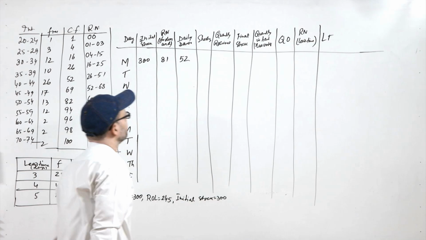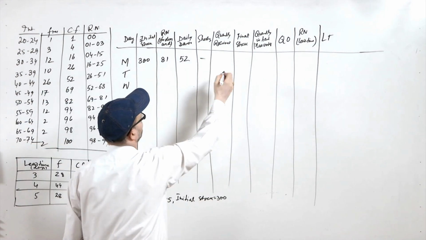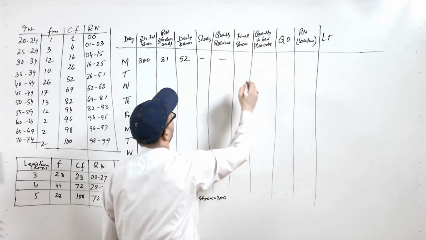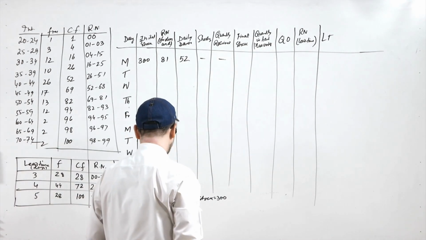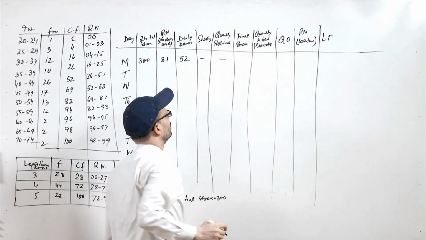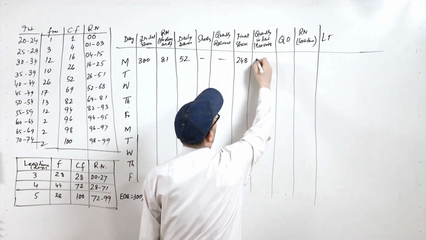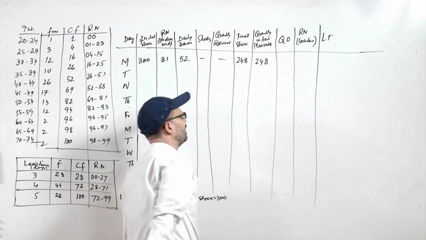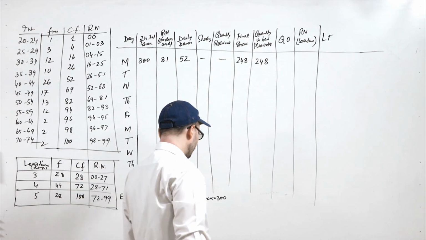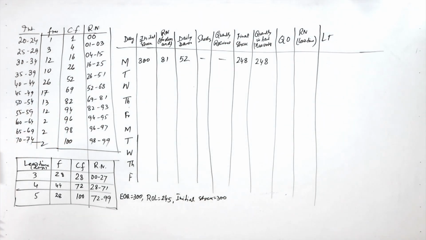So, what you see is there is no shortage, no quantity received. So, final stock will be 300 minus 52, so it will be 248. So, in hand plus order you have 248. Now, whether you have ordered, your reorder level is 245.